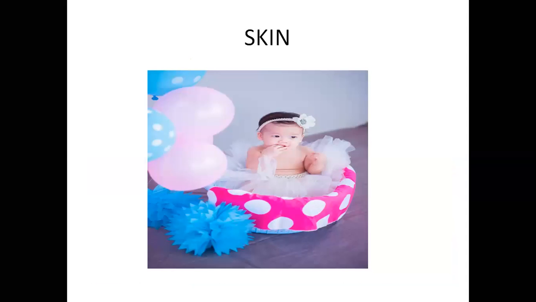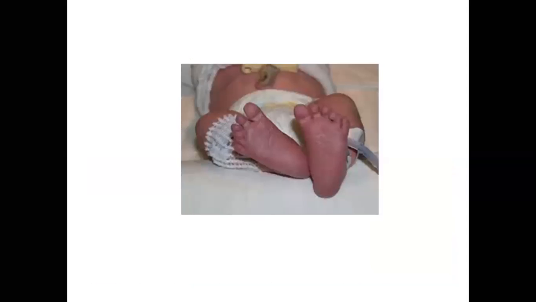Then coming to the skin. What are you able to make out here? What is this? Bluish discoloration of the palm and bluish discoloration of the sole. It's called acrocyanosis.